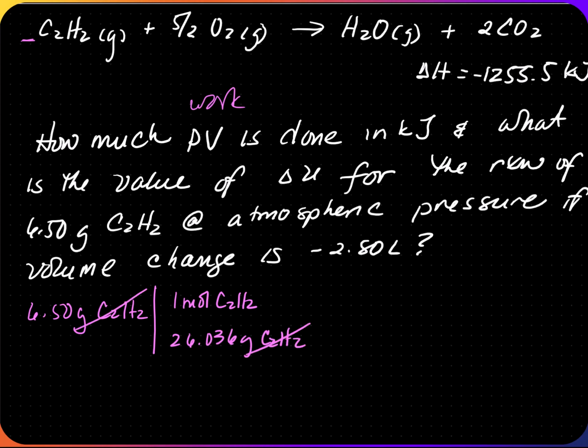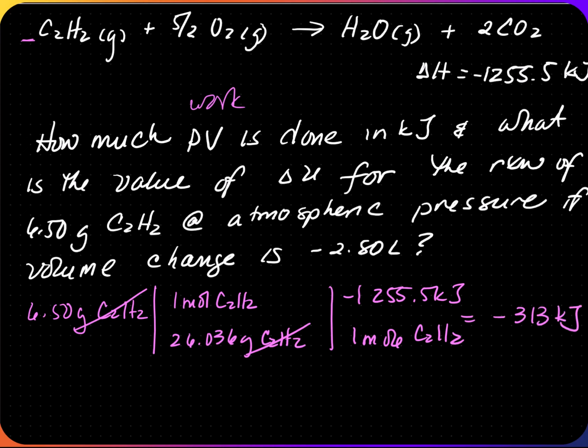This is the molar mass of C2H2. It produces 1255.5 kilojoules of energy, which equals negative 313 kilojoules.